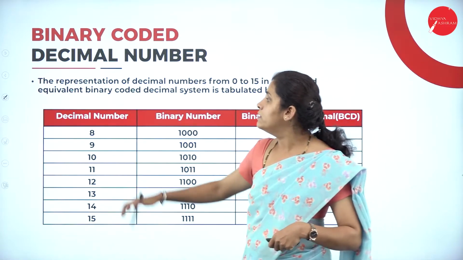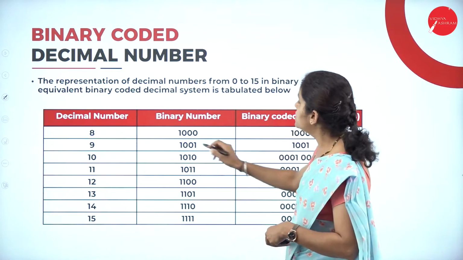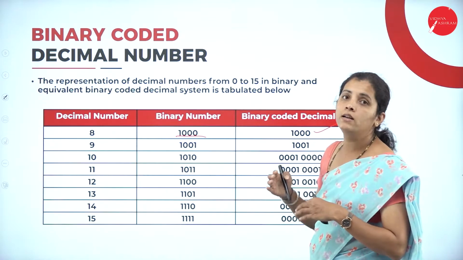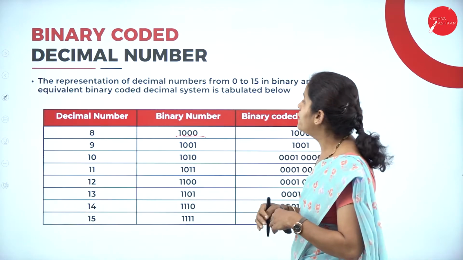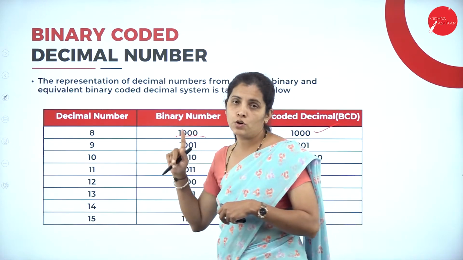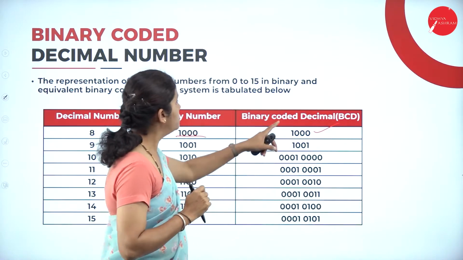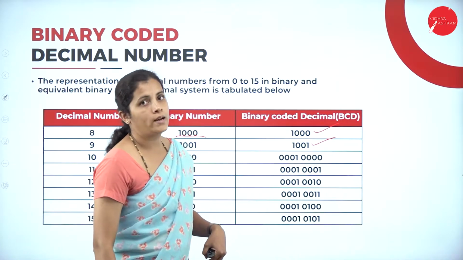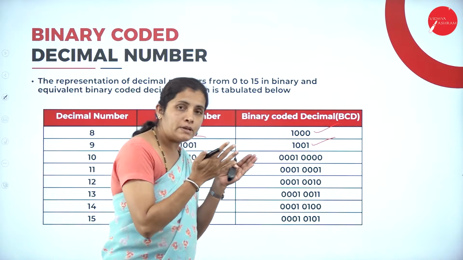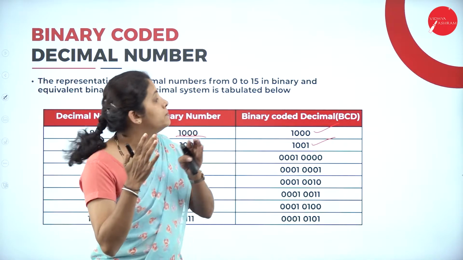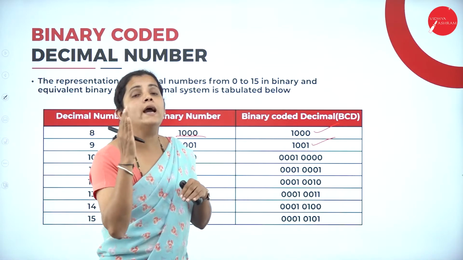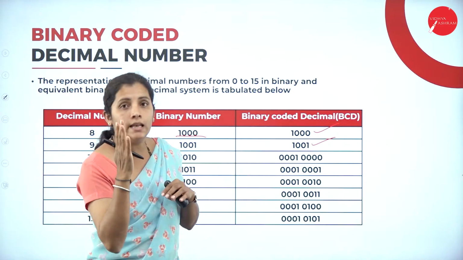Moving further, for 8 it is 1000, and here also it is 1000. And for 9 it is 1001, and for BCD it is 1001. That means the binary representation and the BCD representation are the same only from 0 to 9.